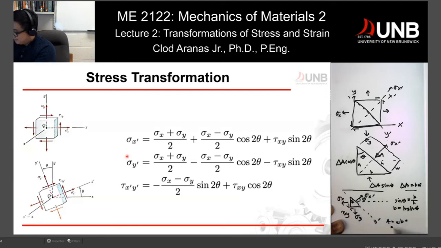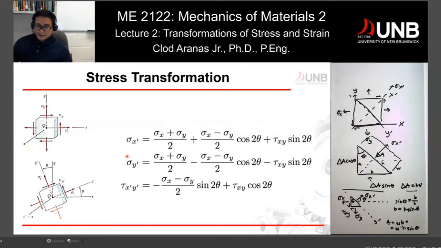Take note, your WH is equal to delta A, which means this area right here is equivalent to delta A sine theta. So did you get that?